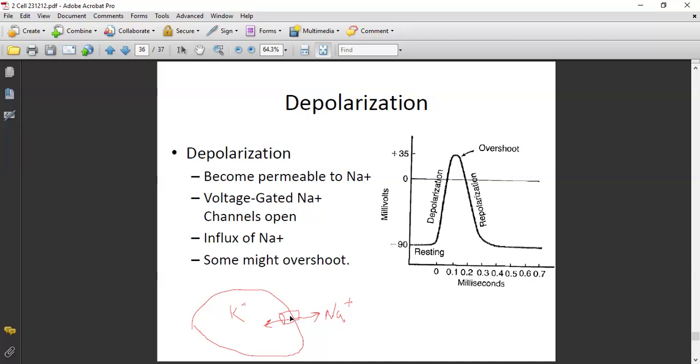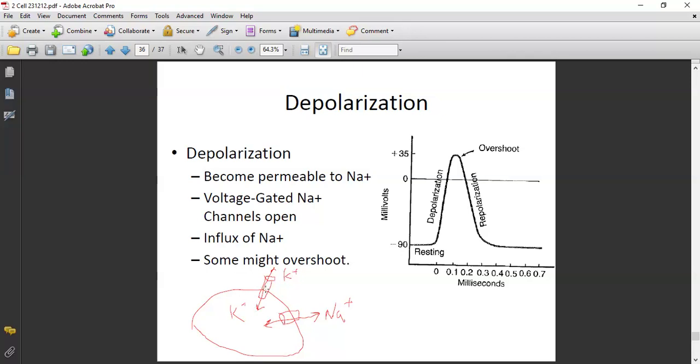So this closes. When it's closed, another ion channel that I mentioned earlier, a voltage-gated one, right here, is a voltage-gated potassium channel. So this one allows potassium to freely diffuse across.